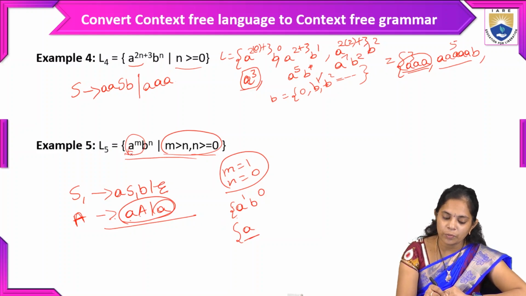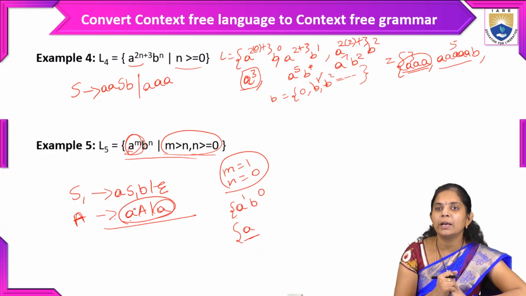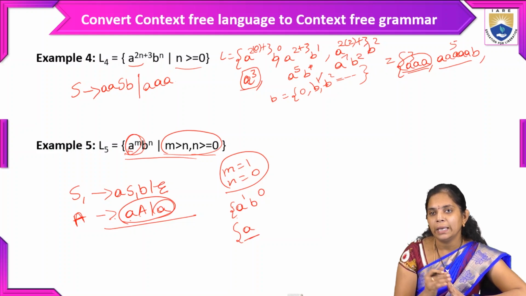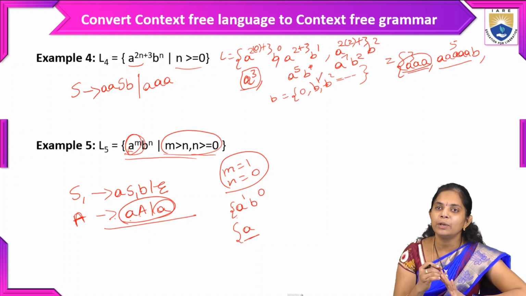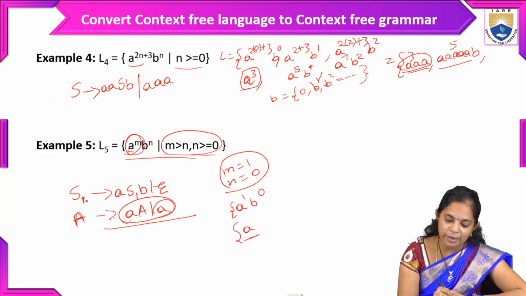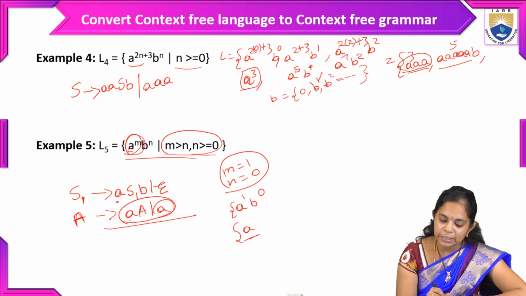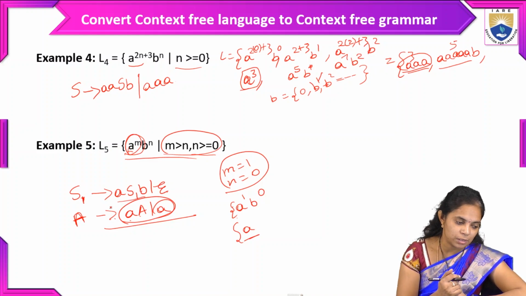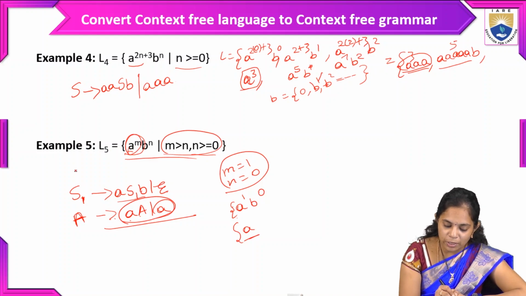So this is how we have written: we are dividing into two parts, m value and n value, writing individually, and we will combine them together and write the grammar. And here S1 we have taken. Here the A's are followed by B's, so here we will write together.